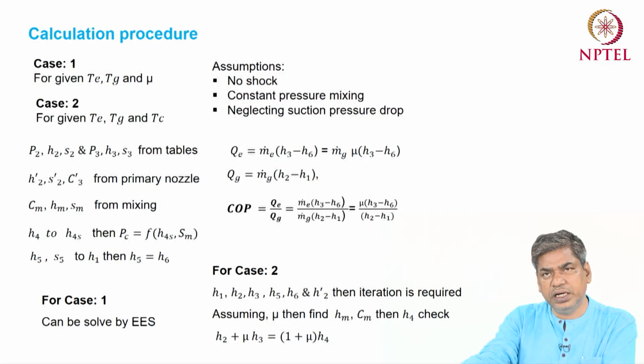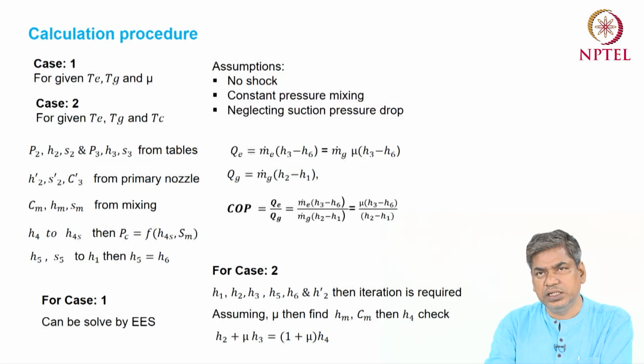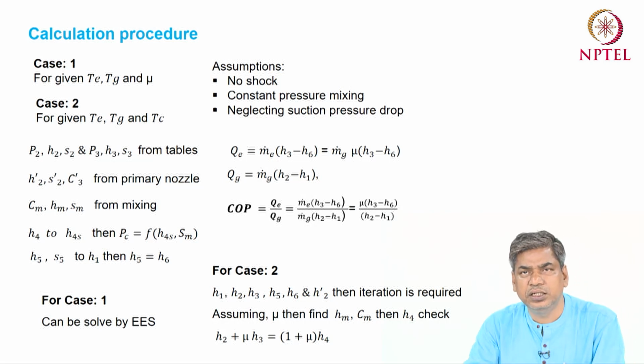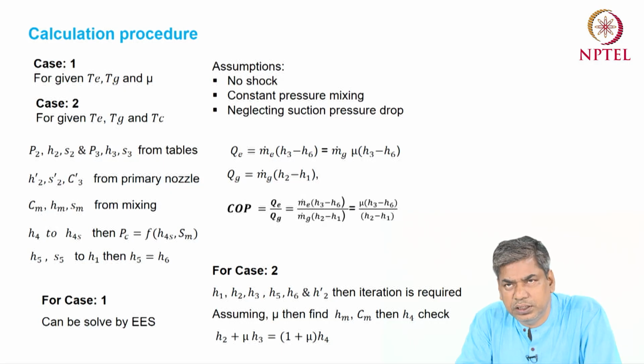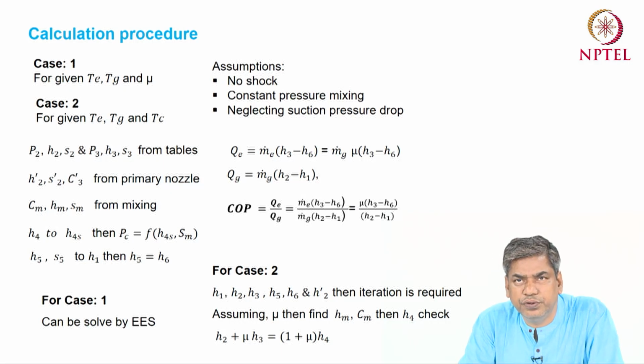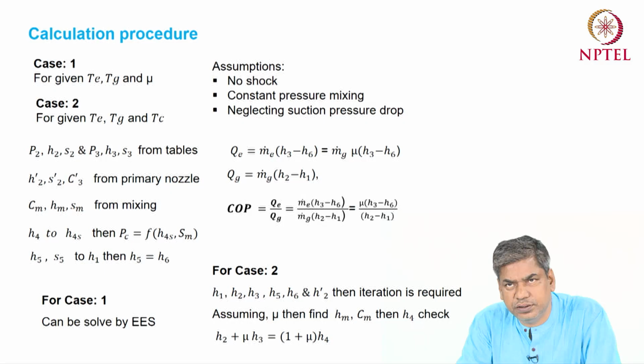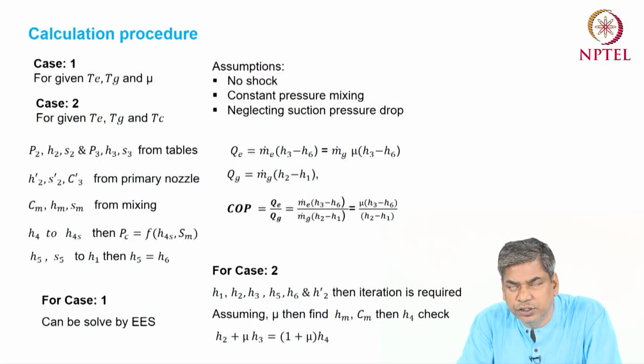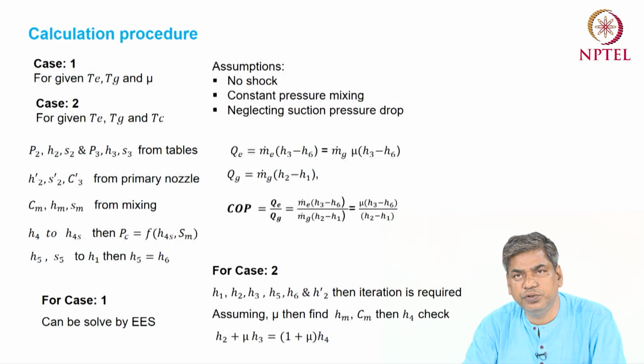One case is that you have the evaporator temperature, generator temperature and the entrainment ratio mu, so three parameters are given. For this case we have to calculate the condenser temperature or condenser pressure and also the performance of the cycle, like the cooling capacity and COP of the cycle.